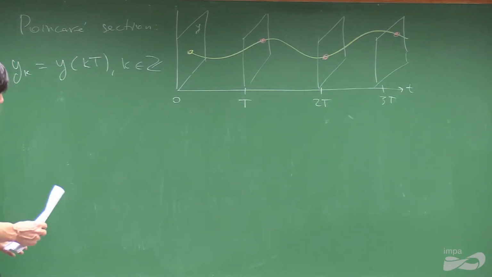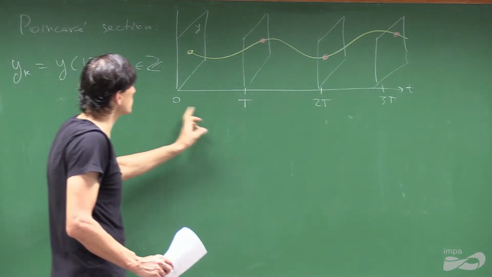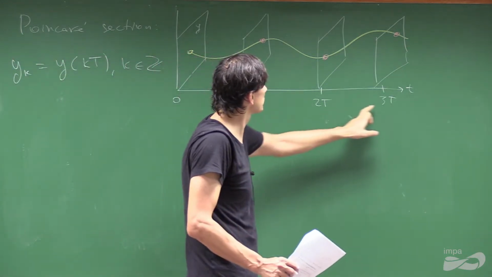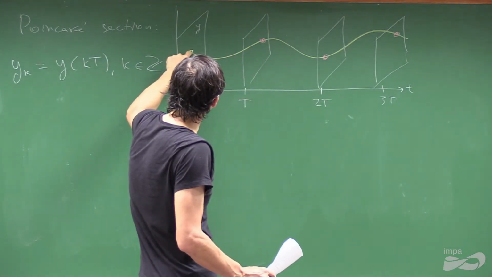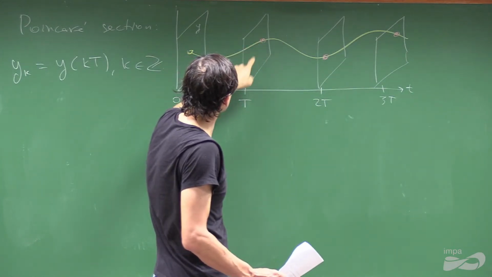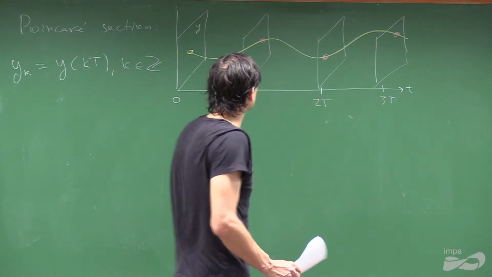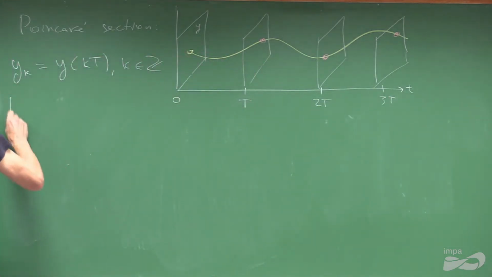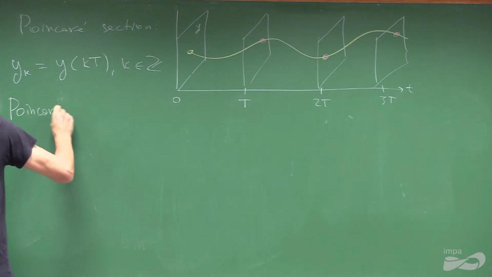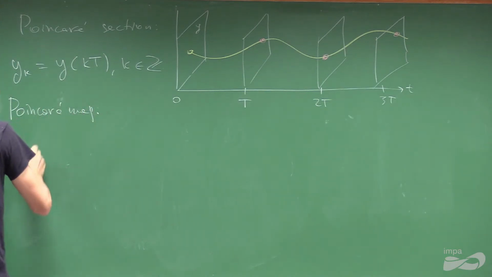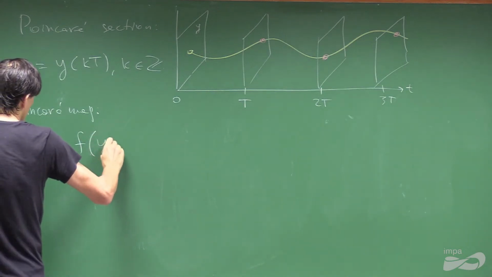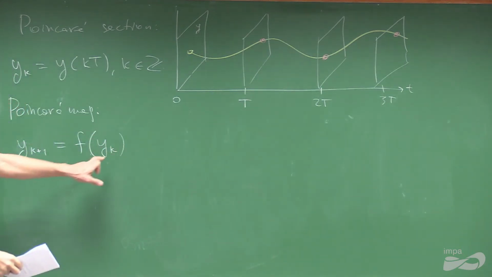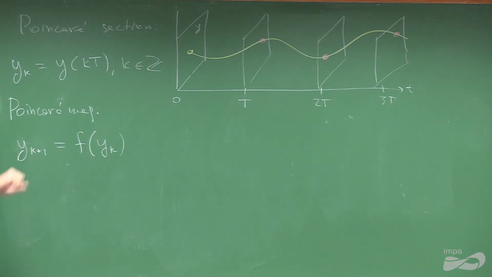And the idea is that between each adjacent period, the dynamics is the same. So the map which associates the initial condition to the state after a period is the same at each interval. So we can call this map the Poincare map. And we know that after each period, it's the same map that maps the initial value at the beginning of the period to the value at the end of the period.